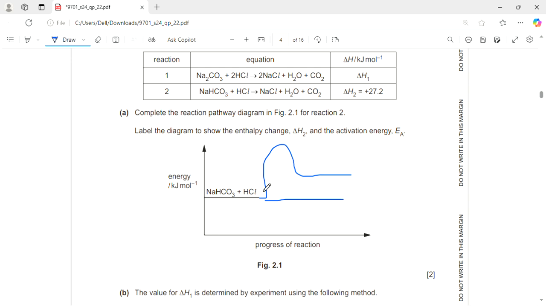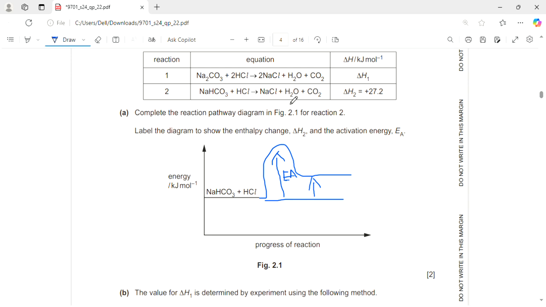And this is EA, right? And here is the delta H. Be careful, the reaction is endothermic.